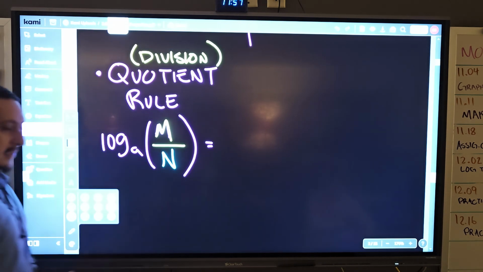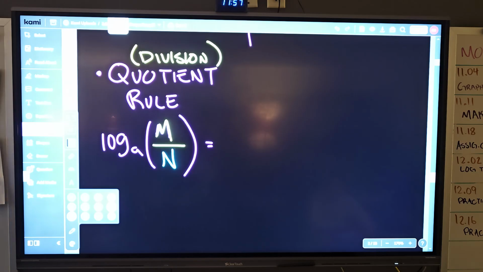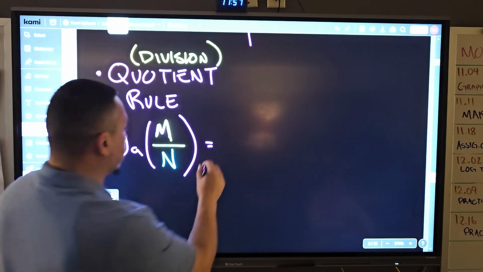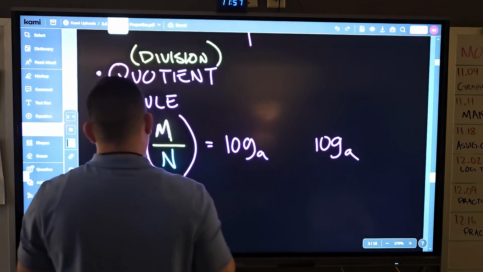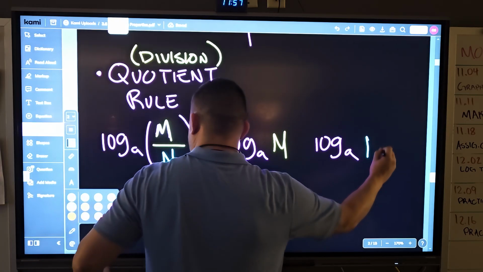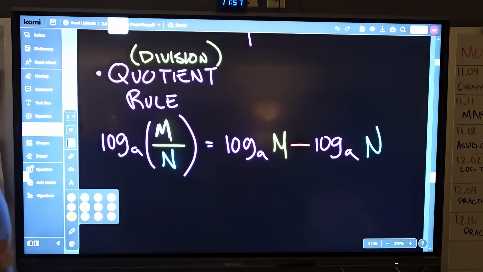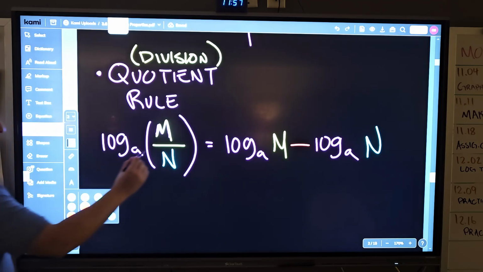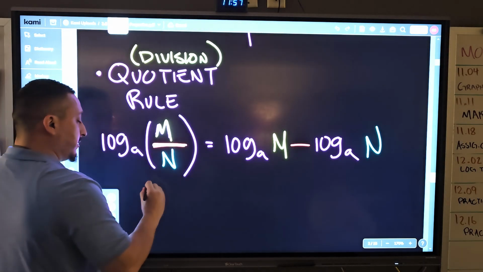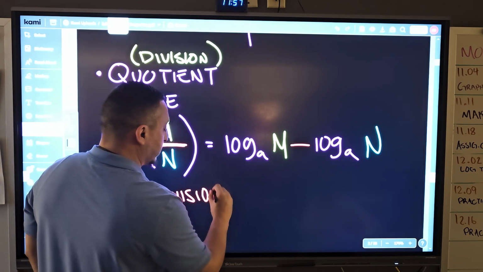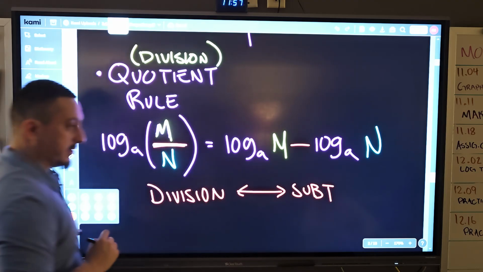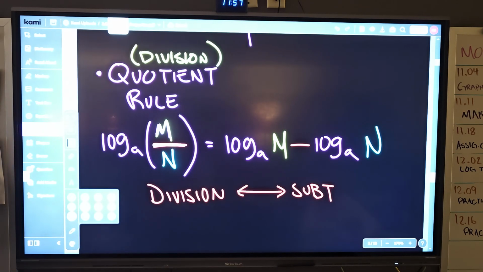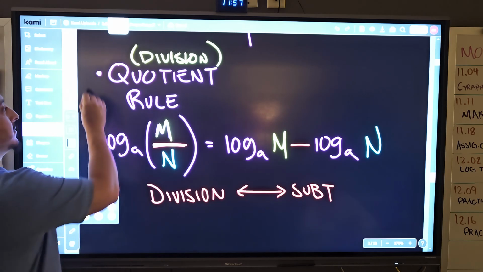And here you can use common sense. If multiplying turns to add, it would follow that division turns to subtract, and that's exactly what happens. So log of m, same base, minus log of n. So division can turn to subtraction, or vice versa. Subtraction can shrink down to division. Okay, so this is the rule.